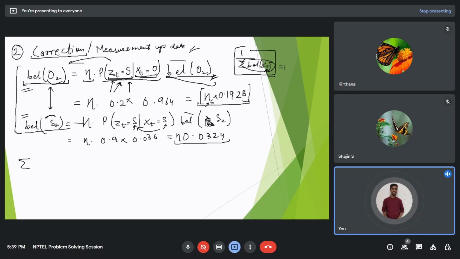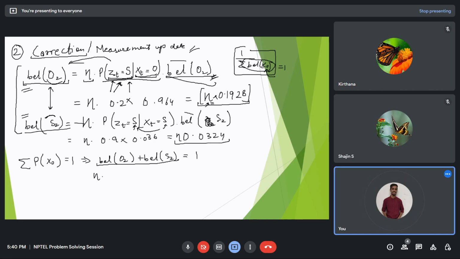We know that the total probability of any variable should be 1. So in this case also, the belief that either the door is open or the door is closed has to be equal to 1, because there is no other possibility.